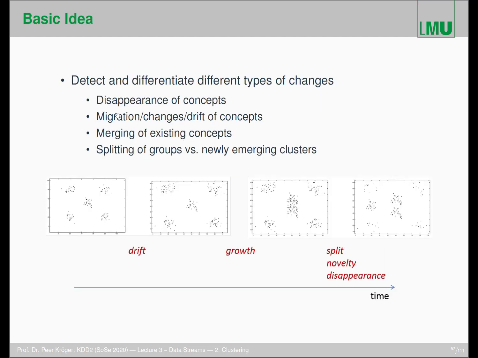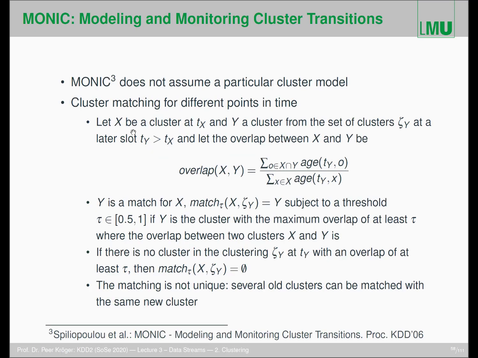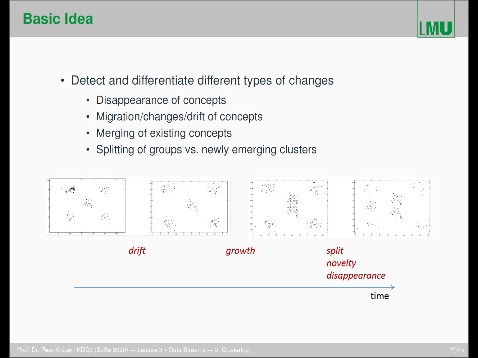And for detecting and differentiating and also representing those different types of changes from time slot to time slot, MONIC especially proposes a cluster matching for different time points, because otherwise, if you don't know if this cluster, for example, matches this cluster, I mean, they might be slightly different because time went by during those two time slots, so they might be a little bit different.